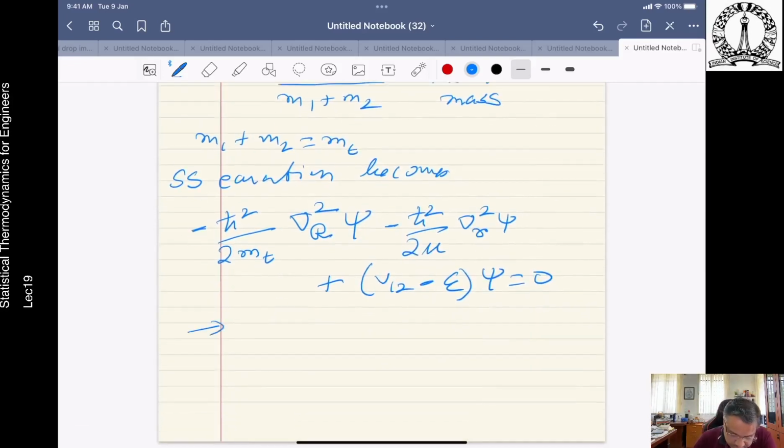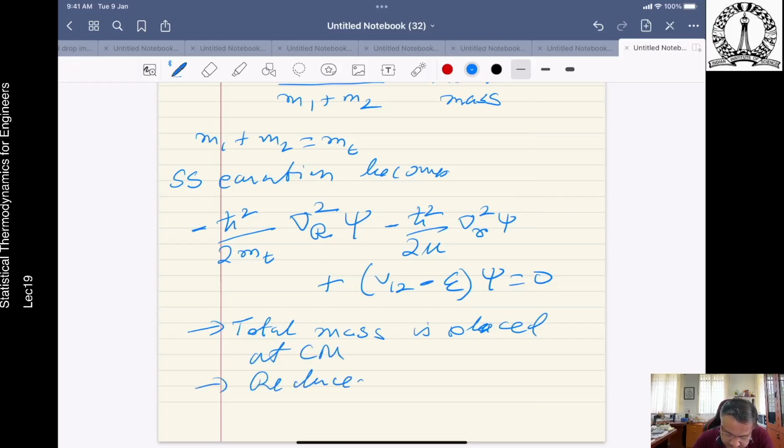So the implication is that the total mass is placed at the CM. The reduced mass is moving relative to the CM. Okay, all right.